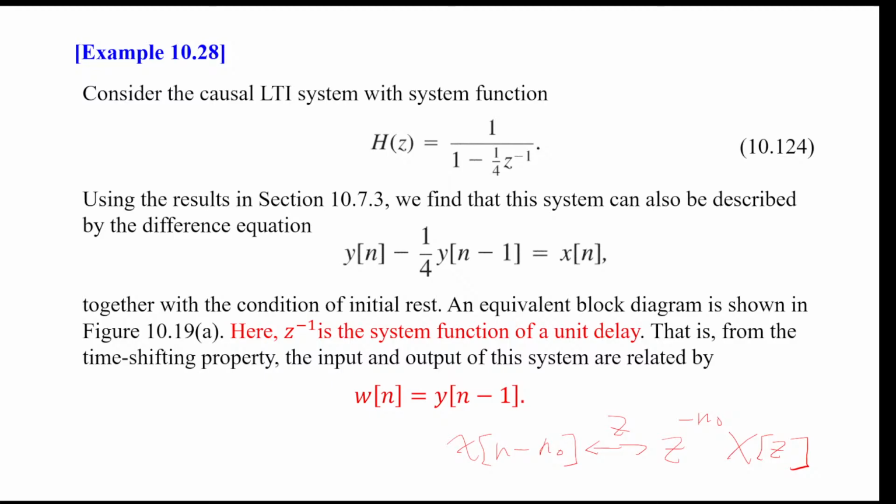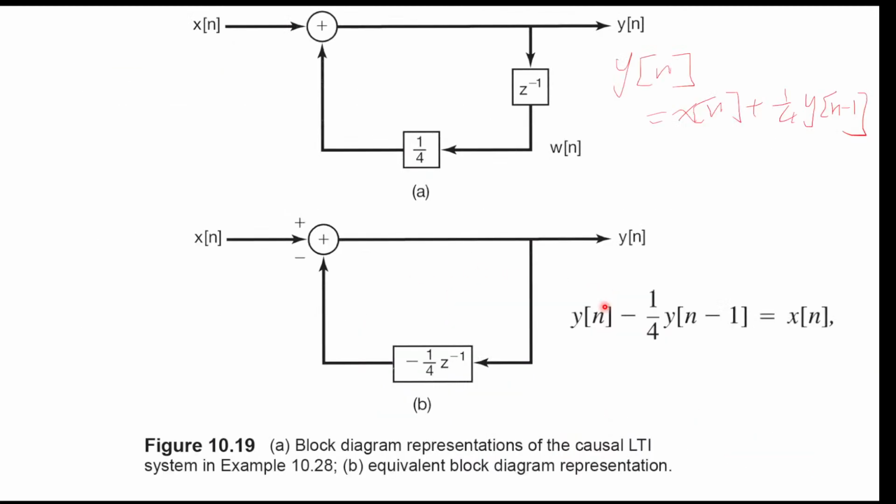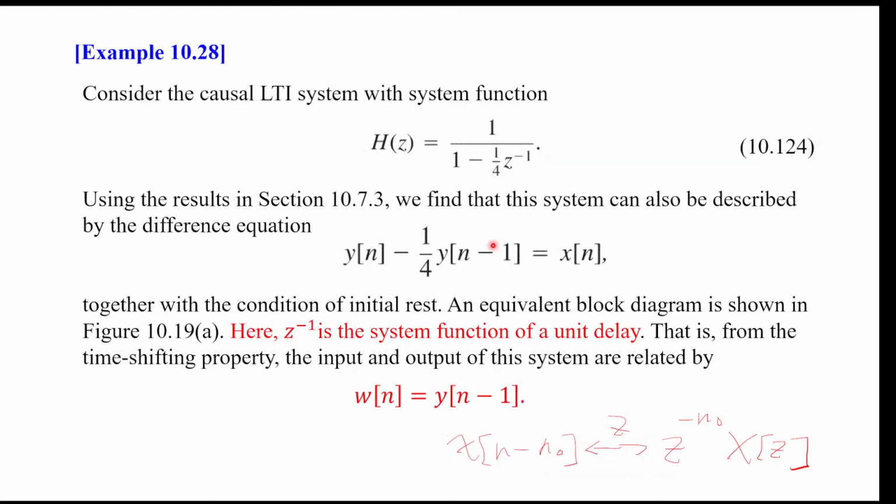For this difference equation, y of n minus 1 over 4 y of n minus 1 equal to x of n, we can use a block diagram like this one or this one, and you will have the system function H of z equal to 1 over 1 minus 1 over 4 z to the minus 1.